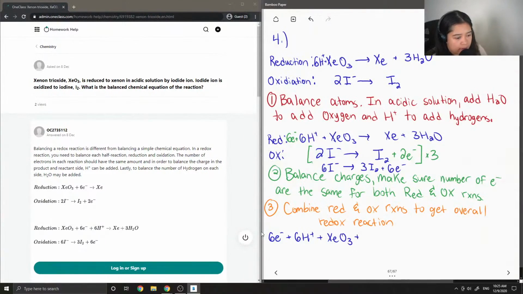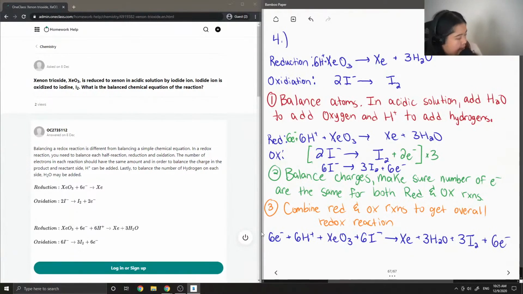And then the reactants for our oxidation is just 6 iodide ions. For all of our product side, we have xenon plus 3 waters plus 3 iodines, and then plus 6 electrons.